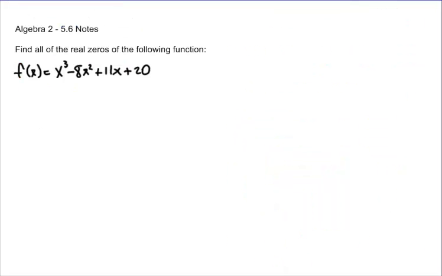Alright, so we want to find all the real zeros of the following function. There's two ways to do it. One is by finding the rational roots. To find our rational roots, we're going to take all the things that multiply to 20 divided by all the things that multiply to 1. So this is going to be 1 and 20, 2 and 10, and 4 and 5, all over 1.